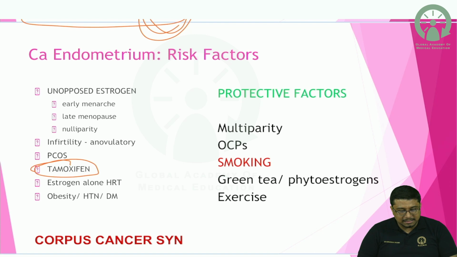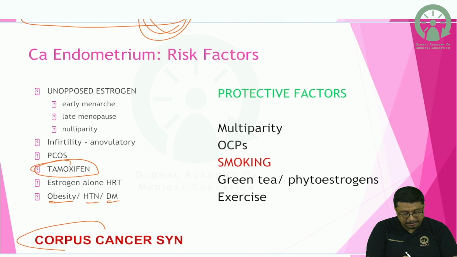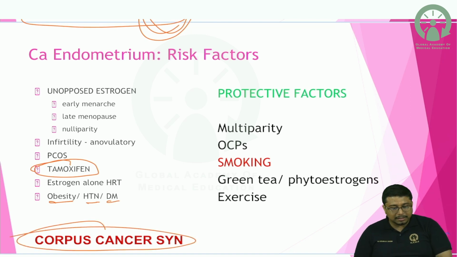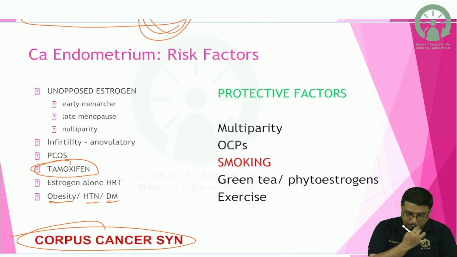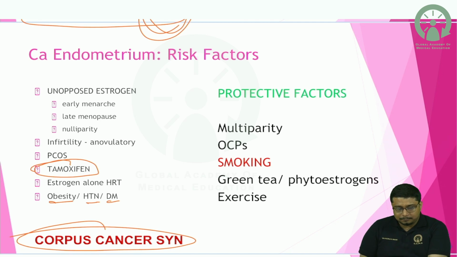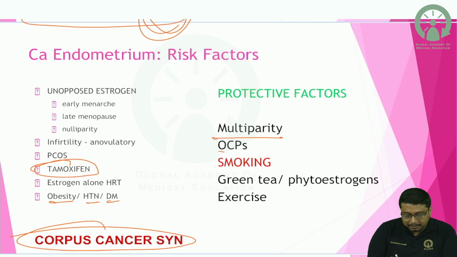Estrogen alone HRT, hormone replacement therapy. And the metabolic problems like obesity, hypertension, diabetes, which combined with uterine cancer is known as the corpus cancer syndrome. And it is like the metabolic syndrome X, right?